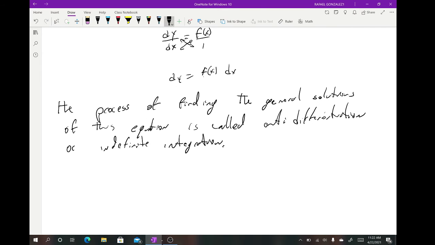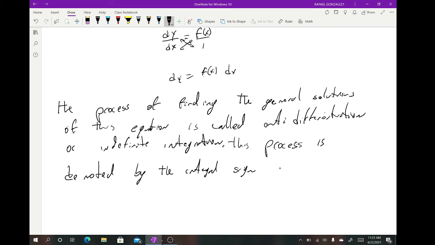Why does it get also the name indefinite integration? Because of the symbol that we use, which is called the integral sign. So this process is denoted by the integral sign, which looks like this.